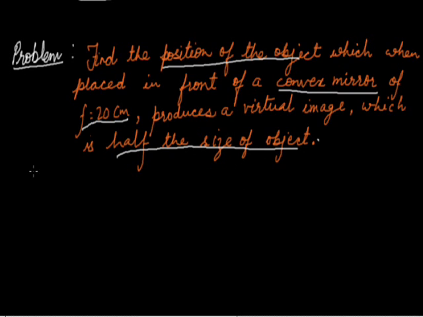That's why, to get the solution for the problem, we are given the hint that the magnification, that is the ratio of the image size and the object size, is half.